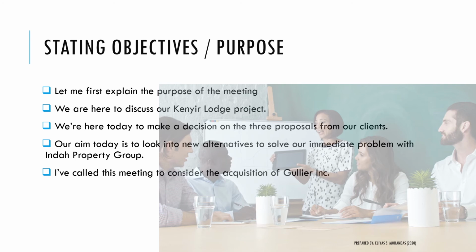Let me first explain the purpose of the meeting, and then you continue explaining. Or we are here to discuss our Kearney Lodge project. Or we're here to make a decision on the 3 proposals from our clients. Or our aim today is to look into new alternatives to solve our immediate problem with Inda Property Group. Or I've called this meeting to consider the acquisition of Gulia Incorporated.